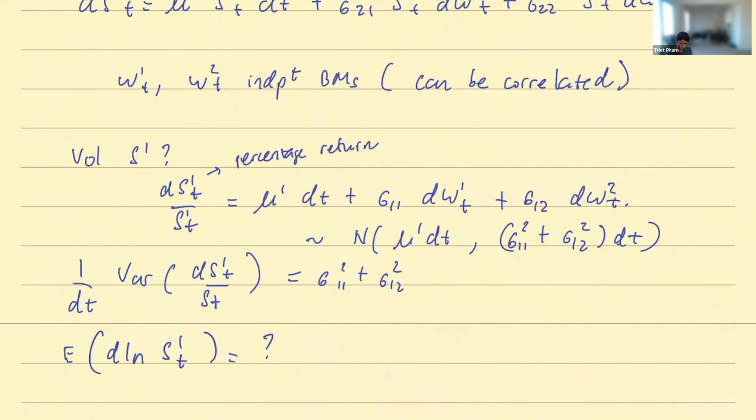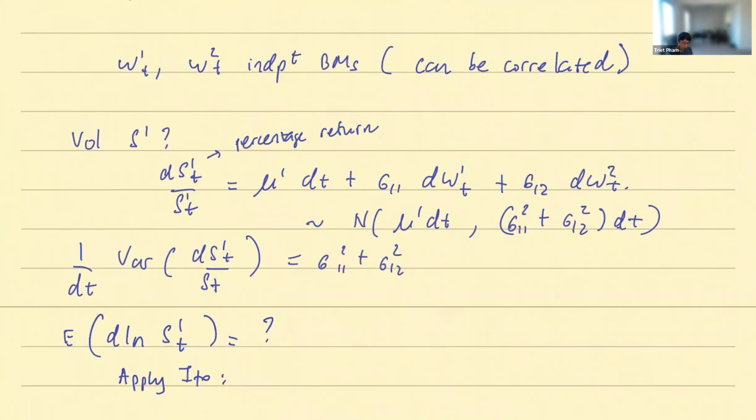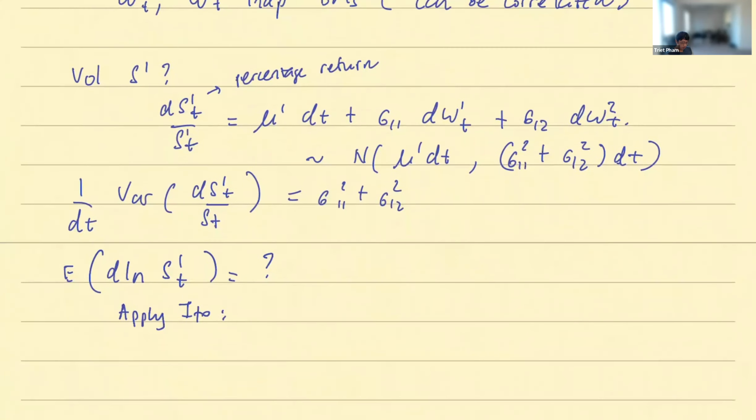Well, apply Ito's, but here Ito with more than one Brownian motion. So how does that work? Now, I did not tell you this, but I hope that with our discussion, you can figure it out.